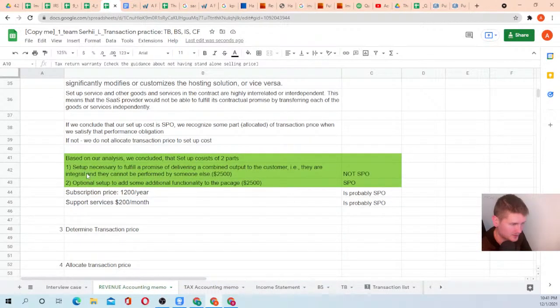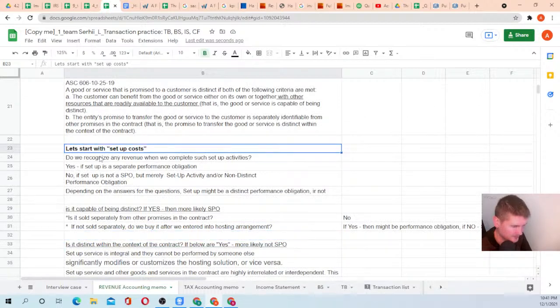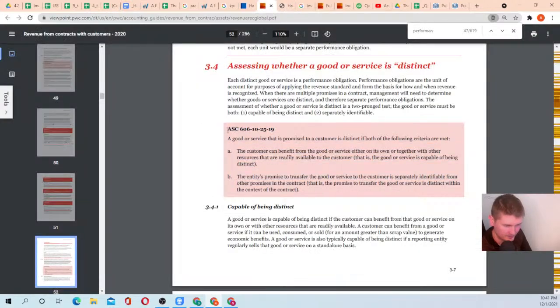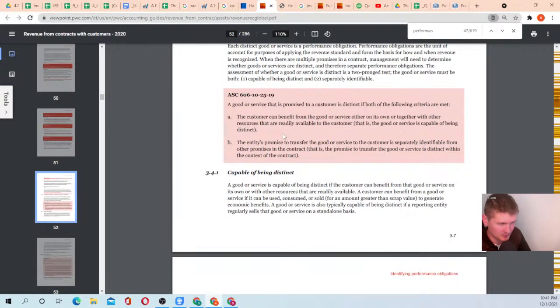So for today, we did that analysis in respect of setup costs. We tried to answer the questions from the guidance about whether something is distinct or not, and whether the promise to the customer, whether performance obligation is distinct or not.